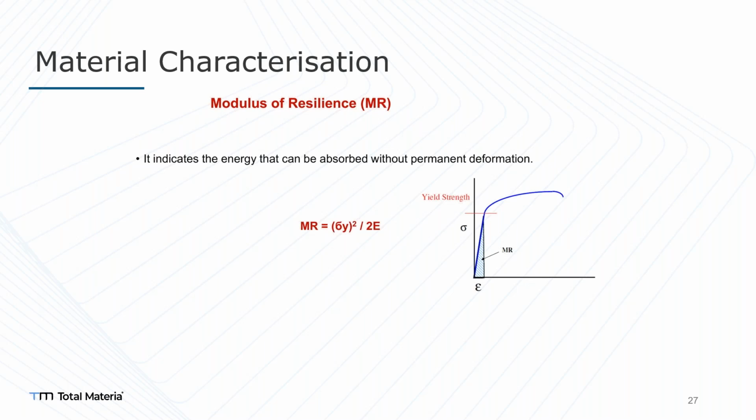For example, shock springs or springs for automotive applications, because there's a certain type of load when you drive, and you don't want permanent deformation under normal driving conditions.